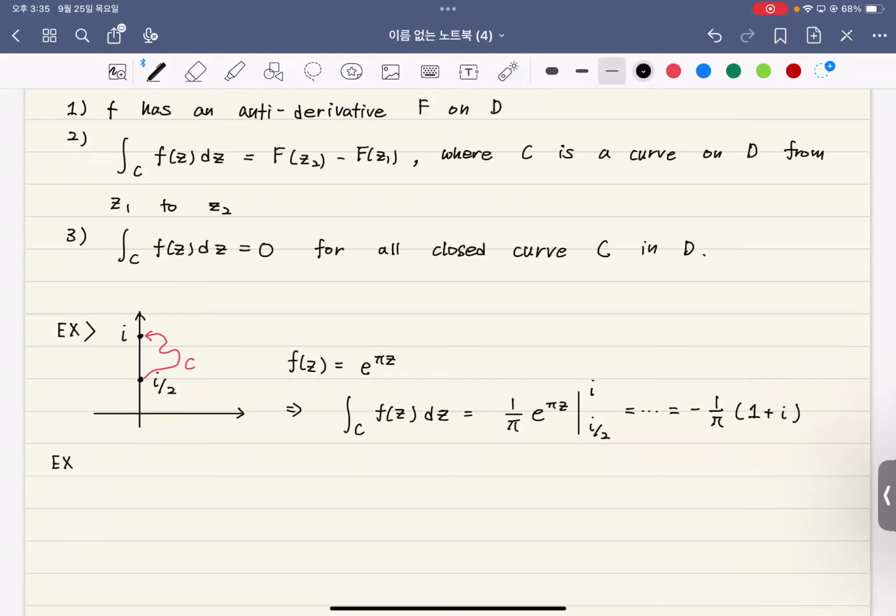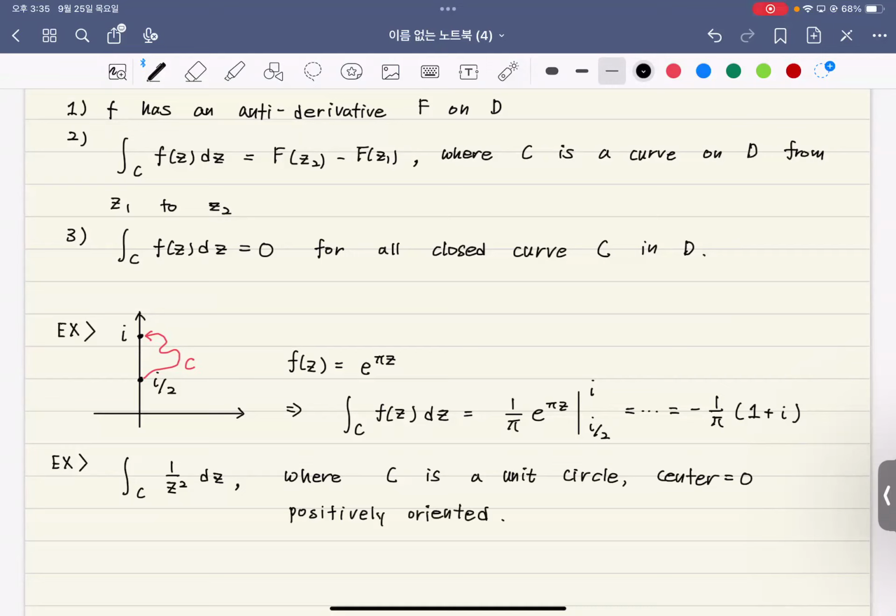Another exercise, where C is a unit circle, as always radius 1, center equal to 0, and positively oriented. Okay, what do you think is the answer?